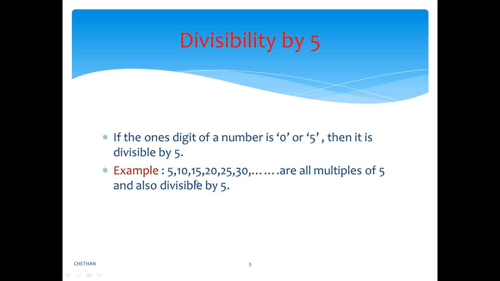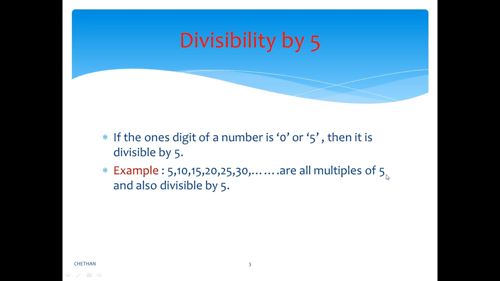See the example here: 5, 10, 15, 20, 25, 30, etc. These numbers are all multiples of 5 and also divisible by 5. Multiples means this number series is the multiples of 5: 5 ones are, 5 twos are, 5 threes are, 5 fours are, 5 fives are.